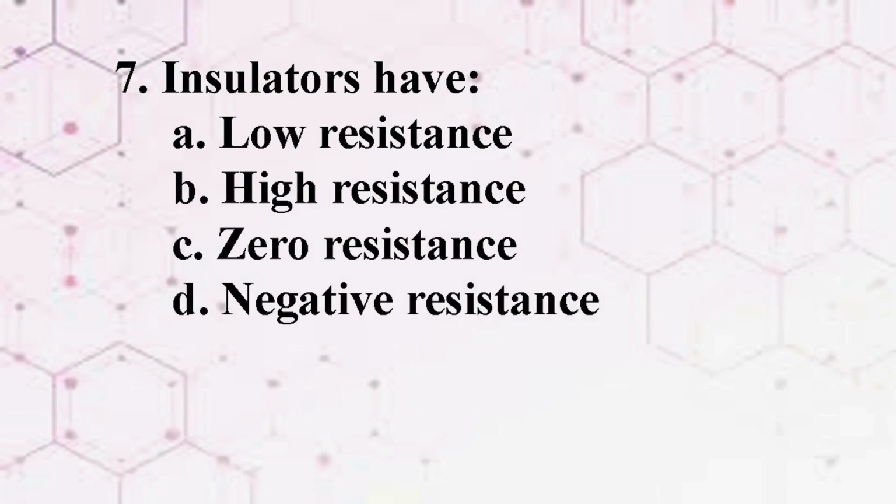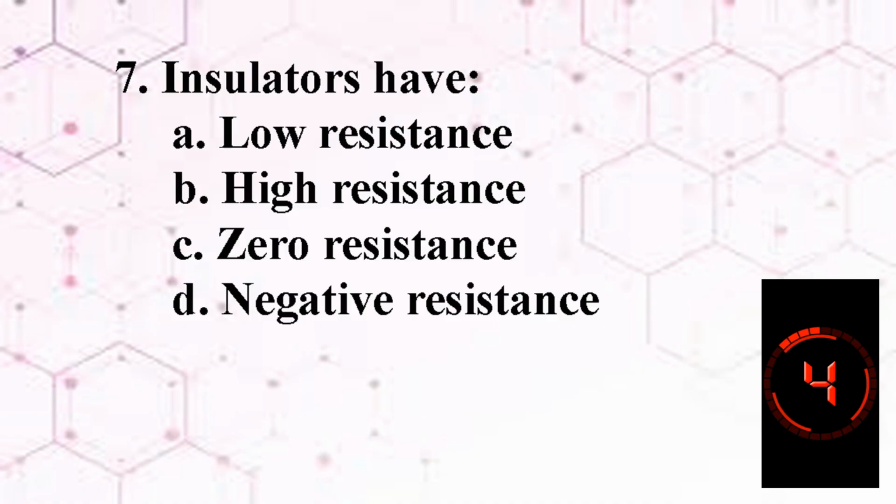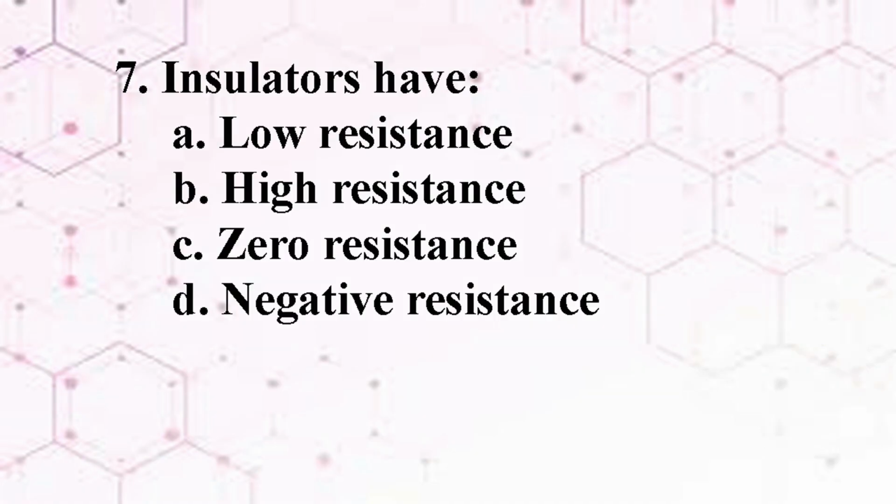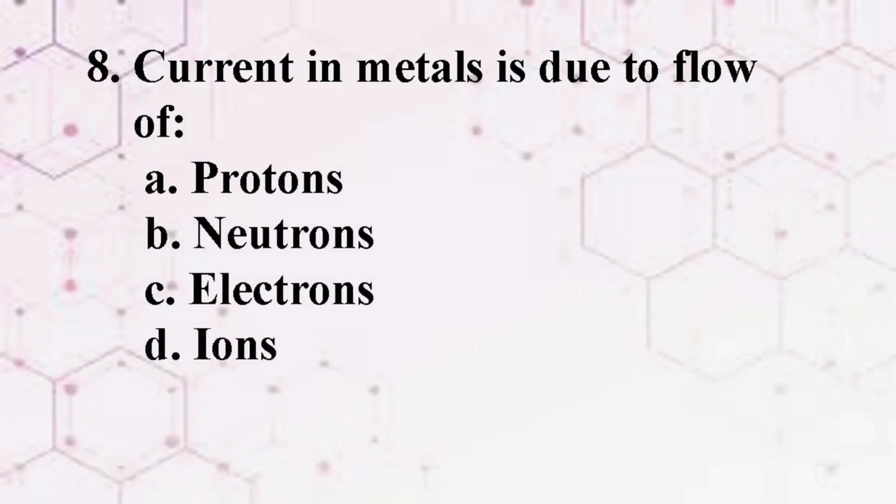Question number 7. Insulators have A low resistance, B high resistance, C zero resistance, D negative resistance. The correct answer is B high resistance. Question number 8. Current in metals is due to the flow of A protons, B neutrons, C electrons, D ions.